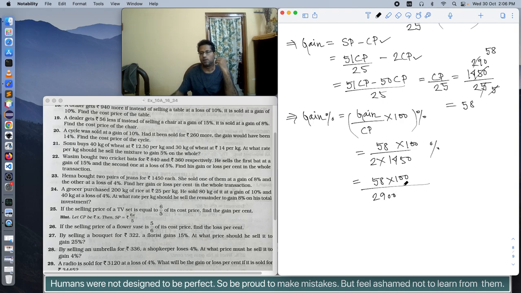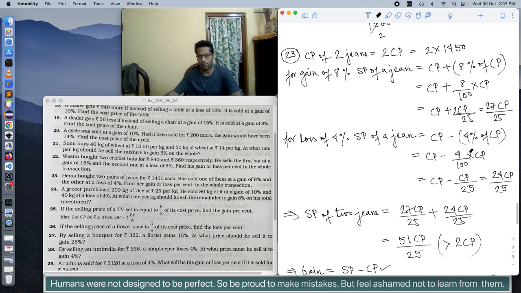Now the zeros cancel out and 29 divides 58 twice. So this is equal to 2%. So there was a gain of 2% in the whole transaction.